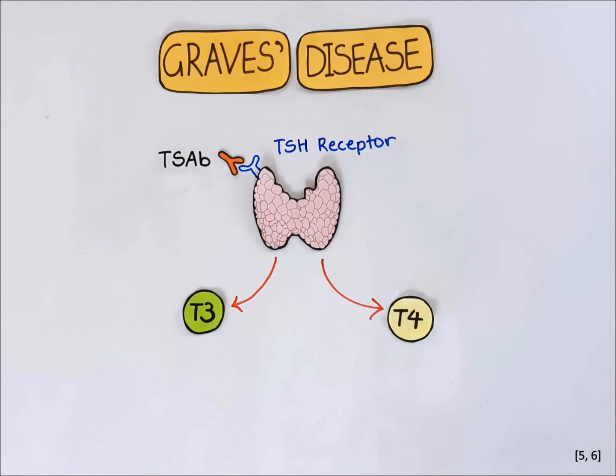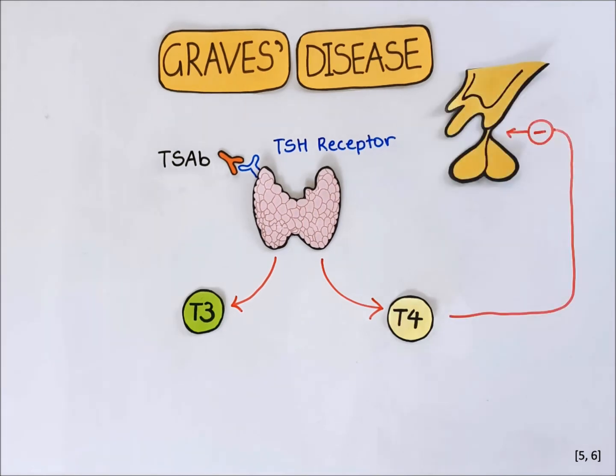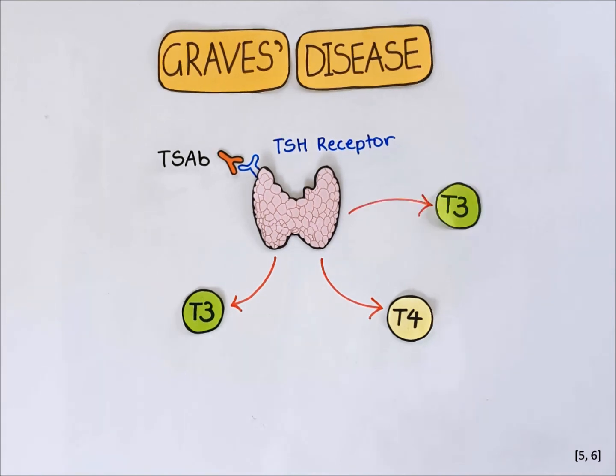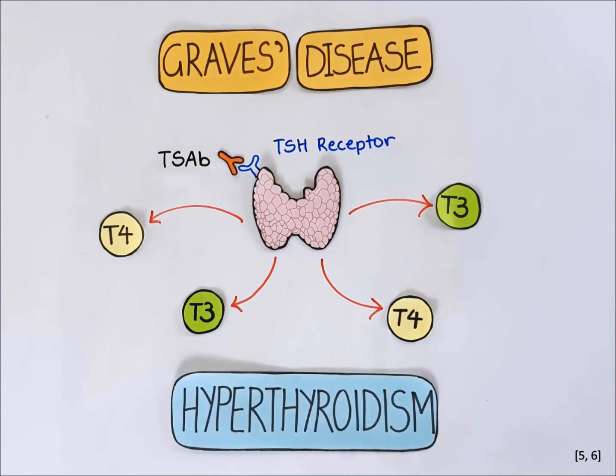This mechanism occurs independently from the negative feedback axis we talked about earlier, so reducing the levels of TSH will not have any effect as the TSABs are still present and will keep stimulating the release of more thyroid hormones. And so therefore, an elevation of these hormones and their effects is known as hyperthyroidism.